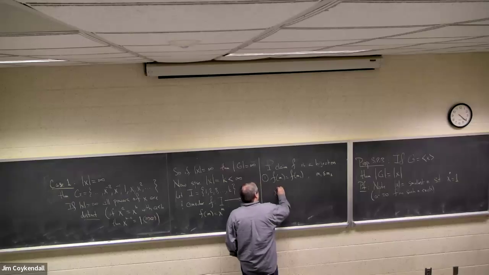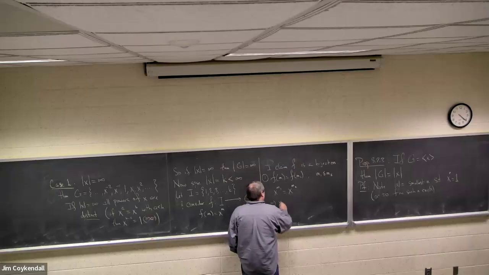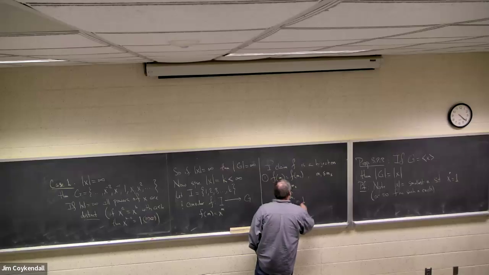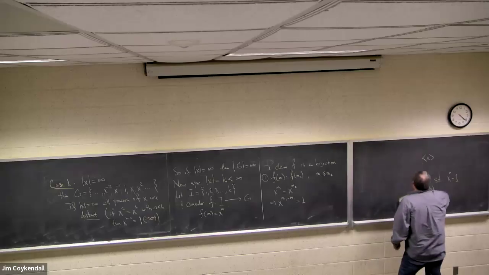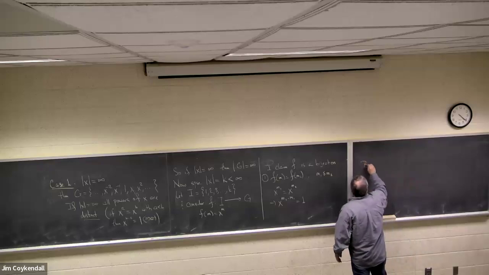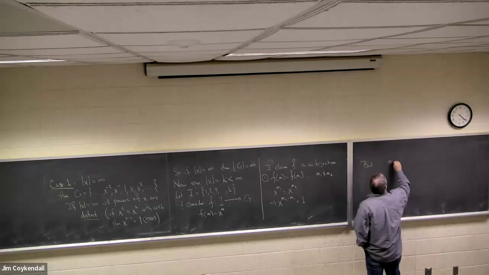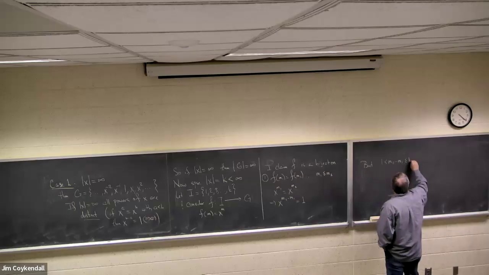Then this means that x to the m1 is equal to x to the m2, which implies x to the m2 minus m1 is equal to the identity. But m2 minus m1 is between 1 and, I guess, k minus 1.